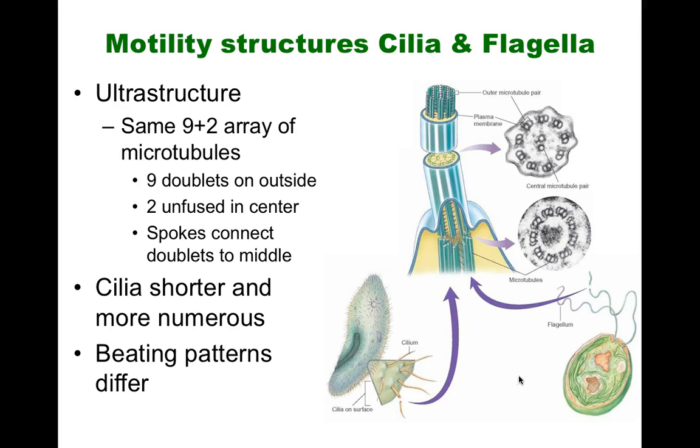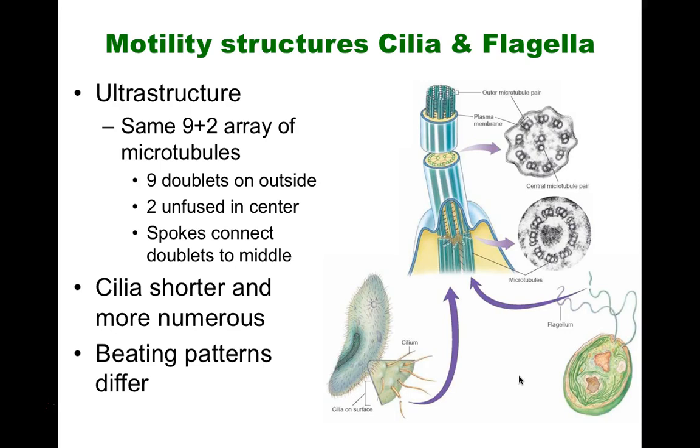All kinds of these filamentous structures can be used not only for cytoskeleton, but also for motility or movement of the cell. And here's an example of how we could use microtubules bundled together in different arrangements to form motility structures we might find on certain types of cells.